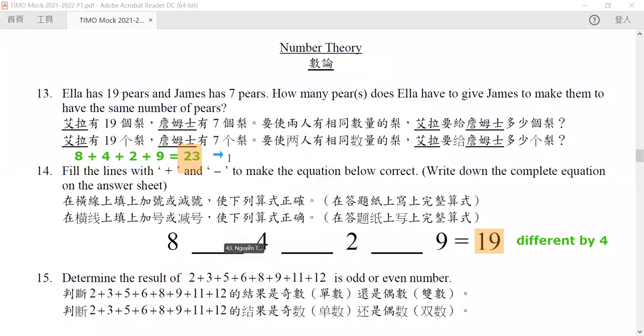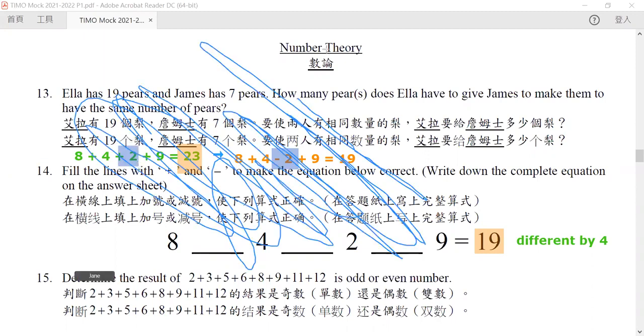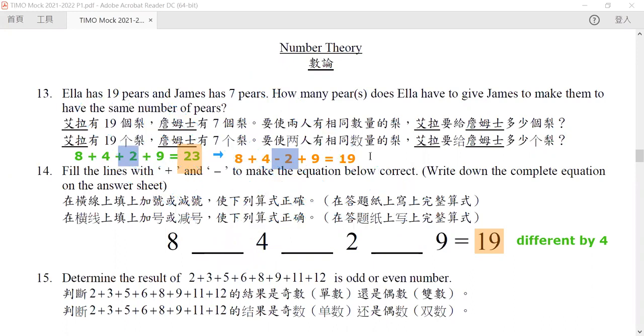Hence we know that our answer could be 8 plus 4 minus 2 plus 9 is equal to 19. Notice that if we convert our plus 2 to minus 2, the difference is 2 times 2, which equals 4, exactly like the one that we require. The difference in here is exactly the difference.